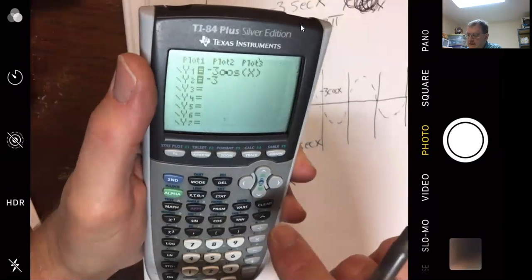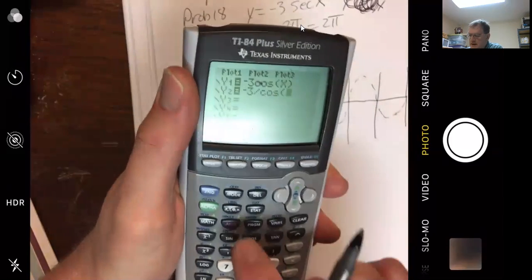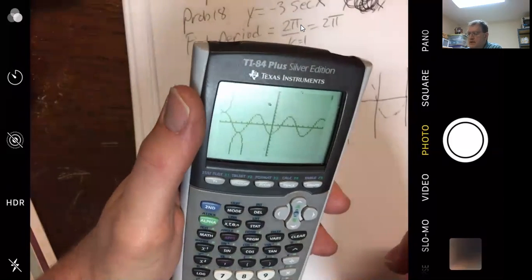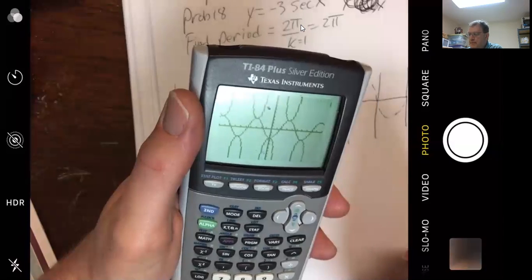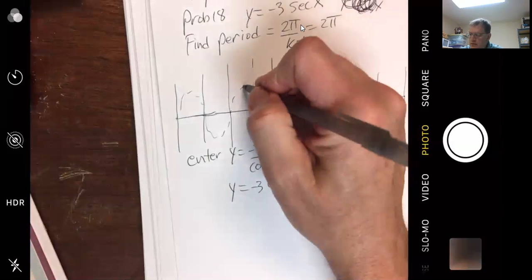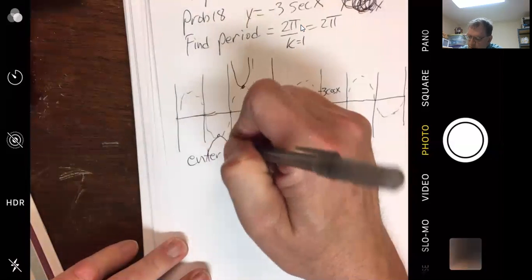-3 divided by cosine x. Okay, there you are. There are the humps and dips flipping up and down. So the points at the hump and dip are common on both.